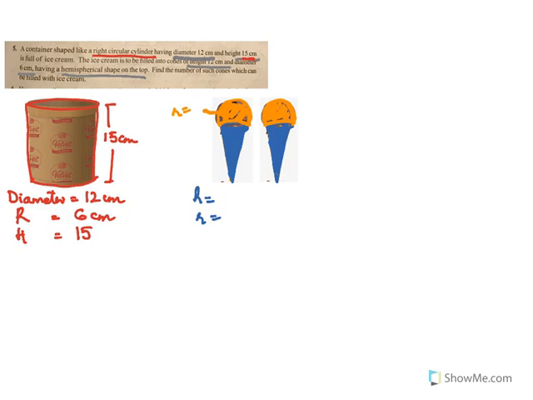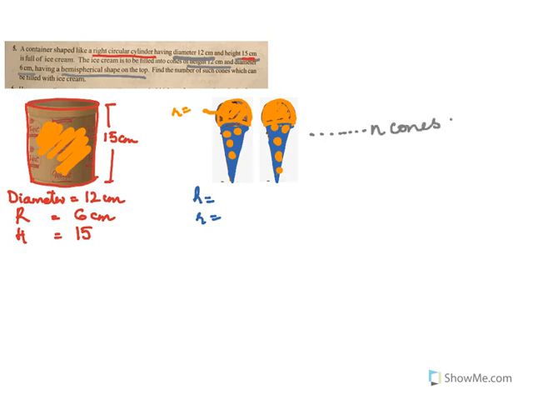Now all the ice cream from this cylinder is filled into these cones. Our question is to find out how many such cones can be filled. So let the number of cones be n.